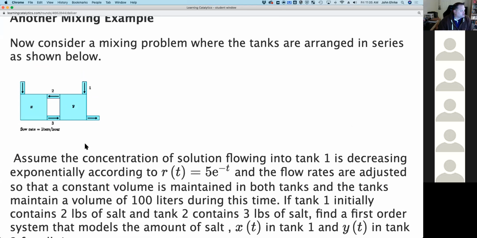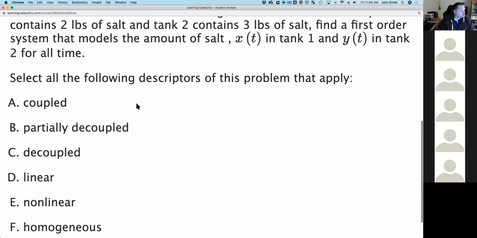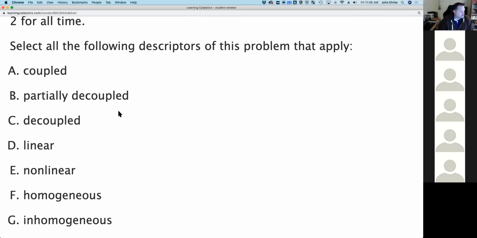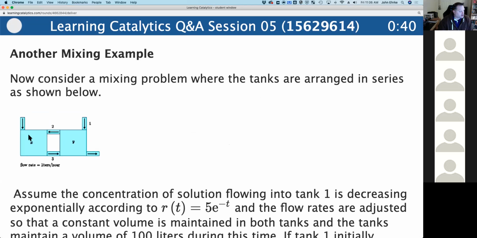What I want you to do, we're going to look at this problem together here in just a second. What I want you to do is tell me which of these terms that we've used as we've started looking at systems apply to the model that we'll create by looking at this mixing problem. So give you a second to think about that.